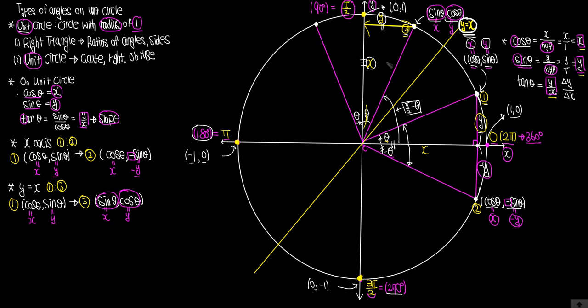And we can remember, what is the total angle measurement? We already know that 90 degrees is what we call pi over 2. But from there, we went further by theta. So the total angle measurement that I'm notating right now, all the way to the positive x-axis, will be 90 degrees, which is pi over 2 radians, plus theta.